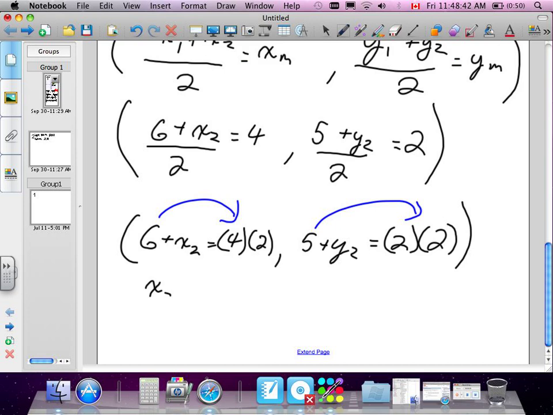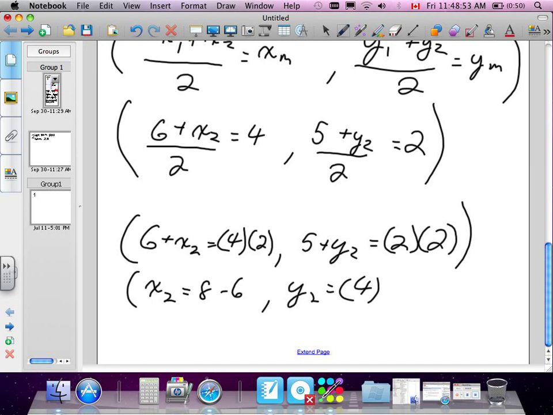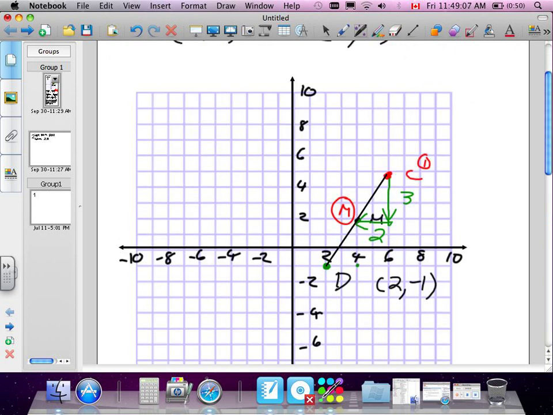So I'll end up with x2 is equal to 4 times 2, which is 8, minus 6, and y2 is equal to 2 times 2, which is 4, minus 5. Our point ends up being x2 is equal to 2, and y2 is equal to -1, which are the exact same points I discovered by looking at it on the graph, 2 and -1.